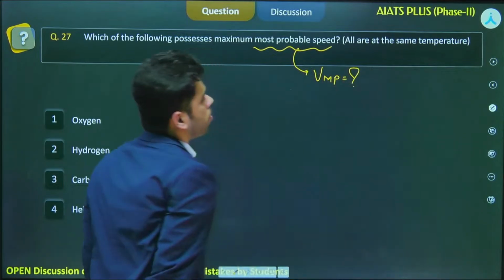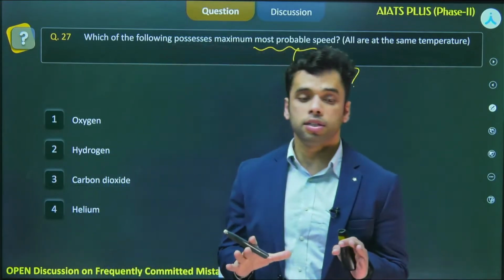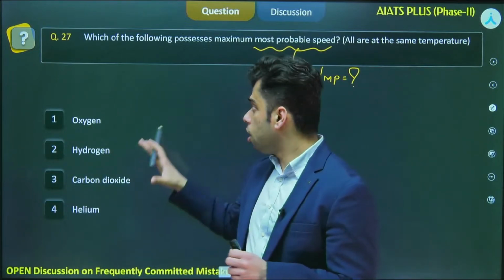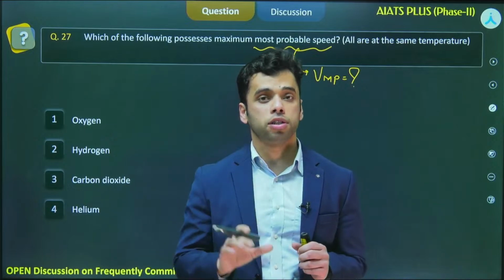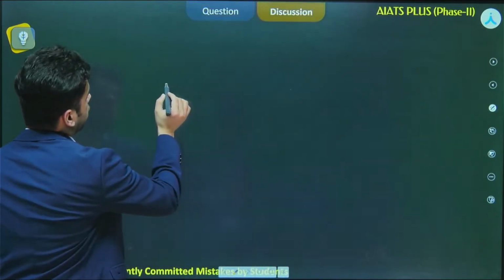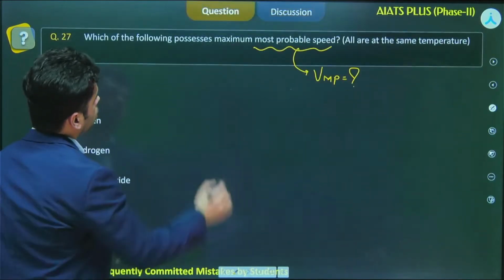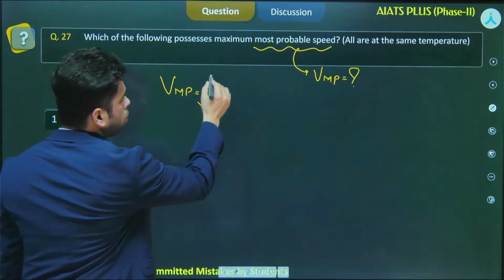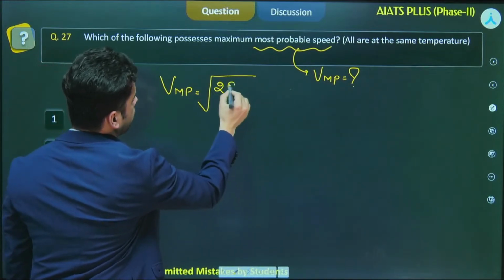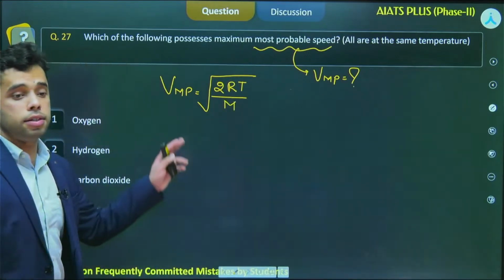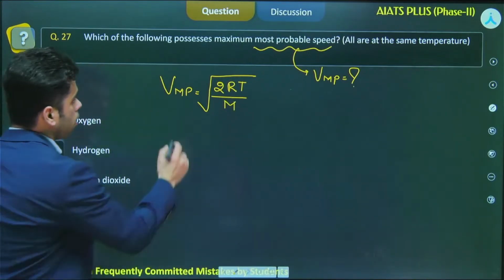So to solve this problem, you must be thorough with the three velocities: the most probable, the average, and the RMS. I'll write down the expression for all three velocities right in front of you. V most probable is equal to root 2RT by M. This is the expression for the most probable.